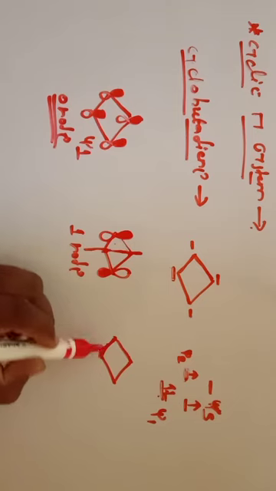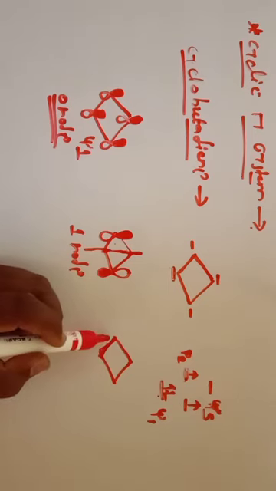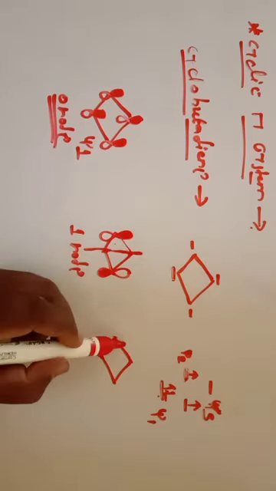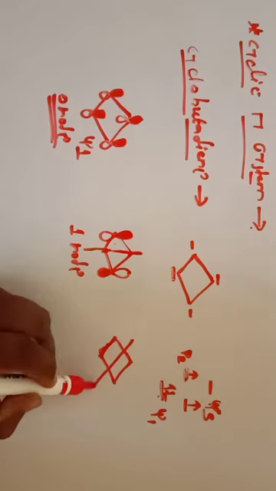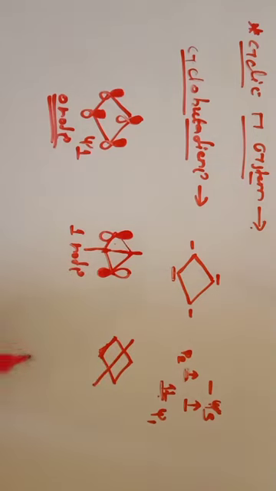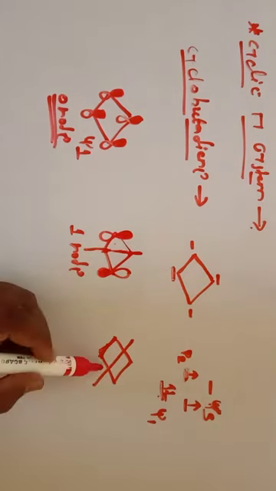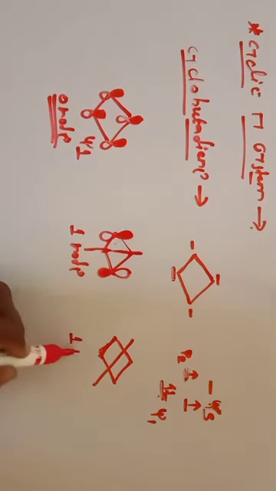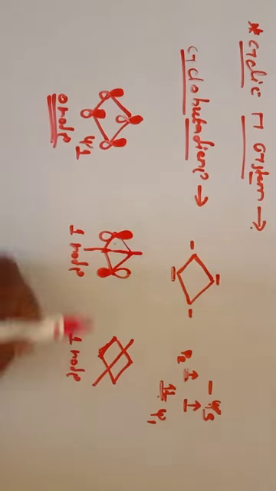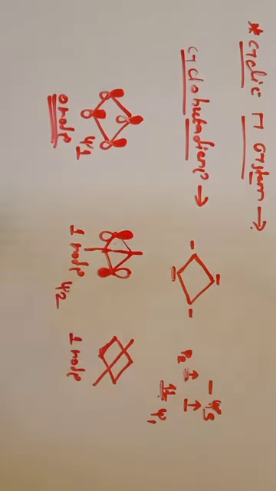If you consider this system, then the node is like this, because this is also one node, and therefore they have the same energy and they are considered as a site.